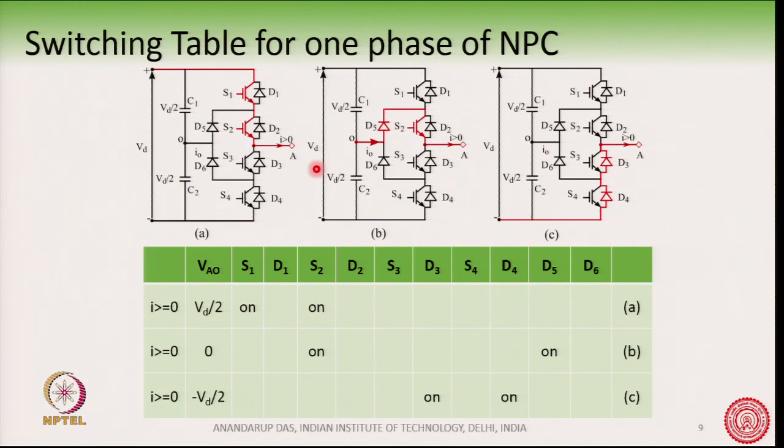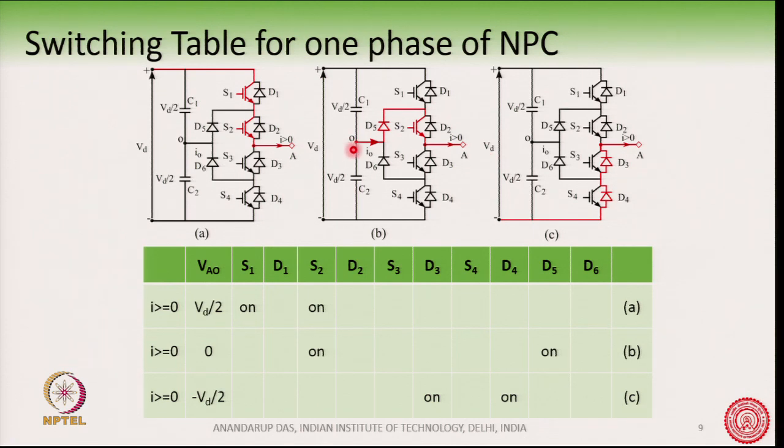Now, when we want to get a 0 voltage, what happens? We turn off the pulse to S1, while keeping both the pulses for S2 and S3 on. Let me clarify, if I want to get the 0 voltage and the current is also going outside, what can be the possible path of the current?